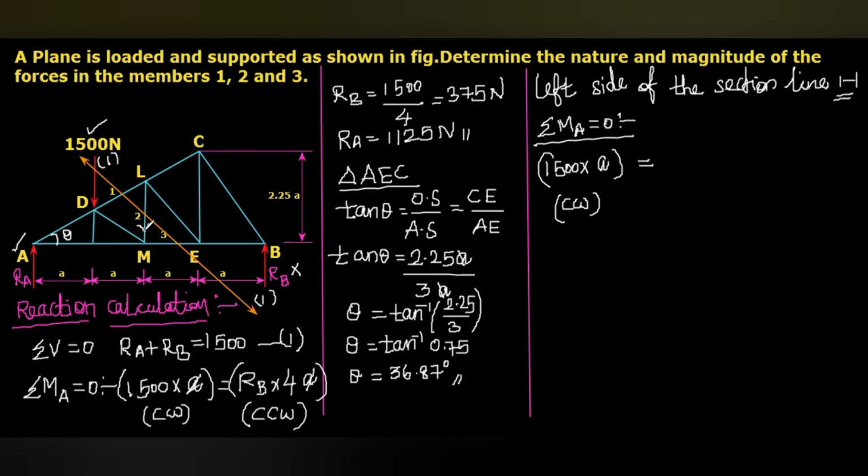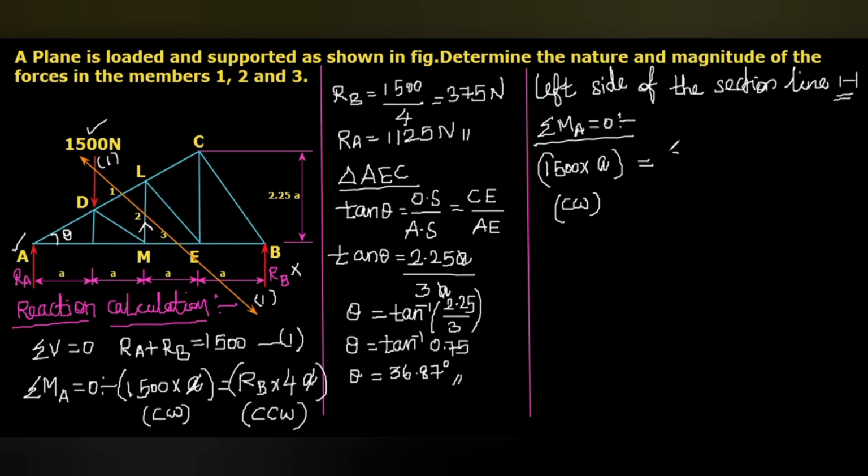So it is not possible acting downward. That means it should be upward, or outwards from the point M. So this will be the direction at M. Then F2 multiplied with 2A will be in counterclockwise direction.